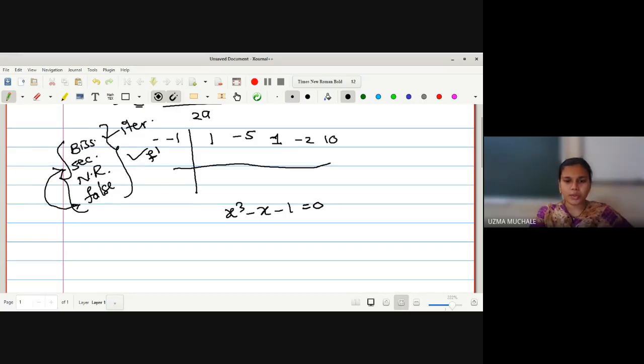Everyone, please try to find the roots by whatever method you have studied. x cube minus x minus 1. And then I will tell why we are studying these methods.